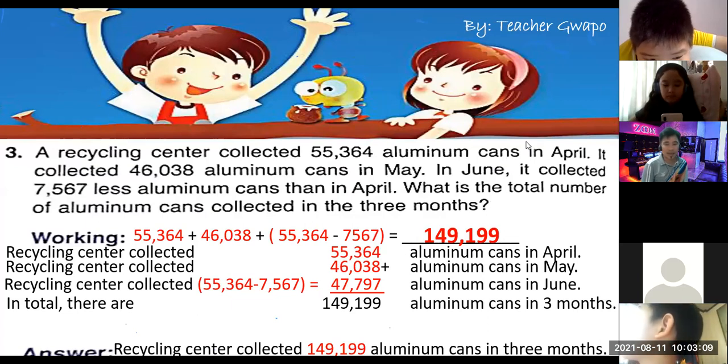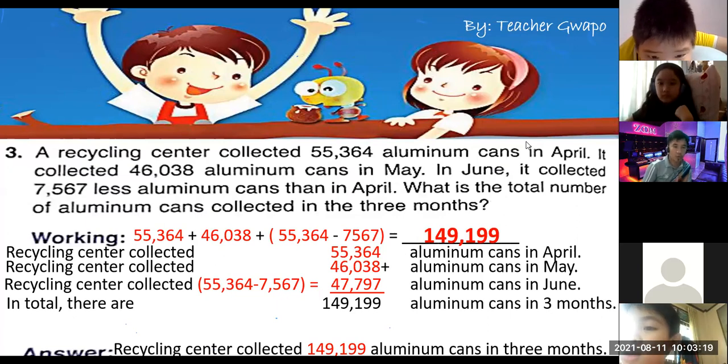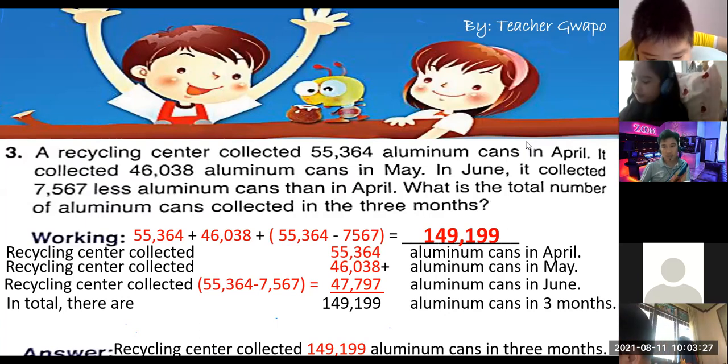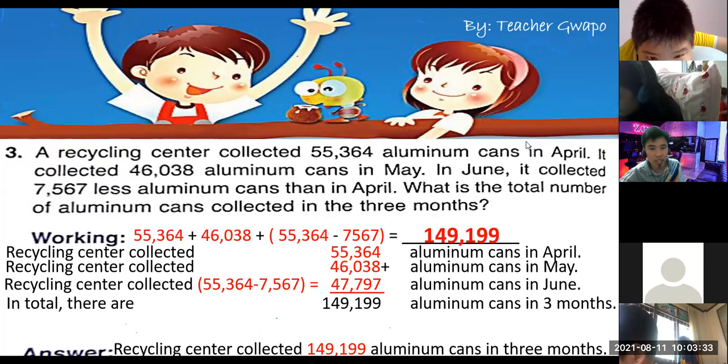So in your test, you have 40 questions, and by next week we will have a quiz. Okay, we will have a quiz, but before that I will give a short review. And the quiz that we will have is up to 25 items only. So 25 items, 25 questions, but your midterm test is up to 40 questions.